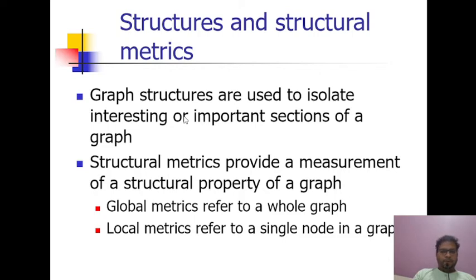Sometimes it might be possible that some nodes are isolated, separate. So in this, what type of matrix are we using? We are using the global matrix for the whole graph and a local matrix for a single node. So this might be the case.